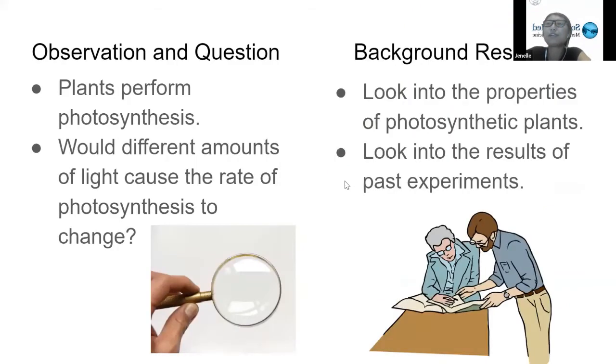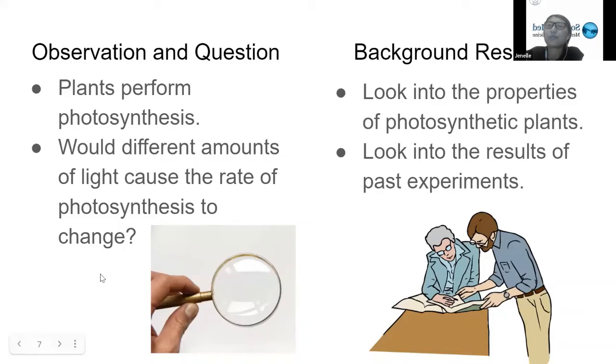Okay, so the first step is observation and question. And so I gave an example here, plants perform photosynthesis. That would be an observation that a student may make. And one question they might ask is, would different amounts of light cause the rate of photosynthesis to change?